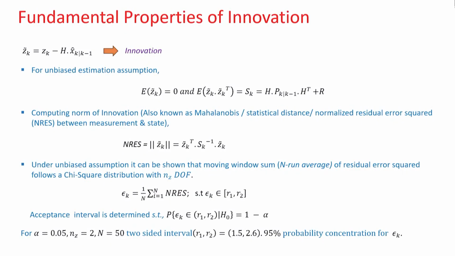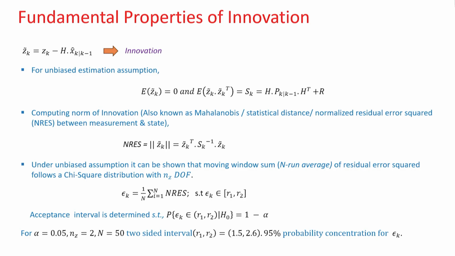Then we will take a typical vehicle collision avoidance system example, where we will discuss how the tracking is done, first without the Kalman filter and then with the Kalman filter.